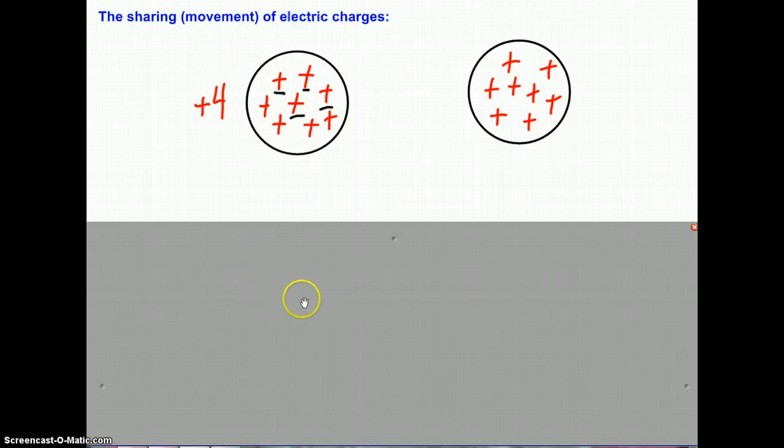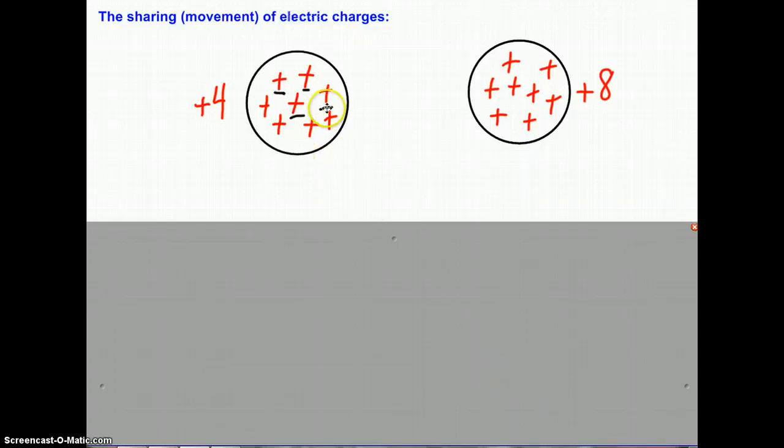There are 4 more protons than there are electrons. The object on the right has 8 representative charges, all without electrons, so we would say that object has a net charge of positive 8 elementary charges. What if we brought those two together, touched them, and then separated them?